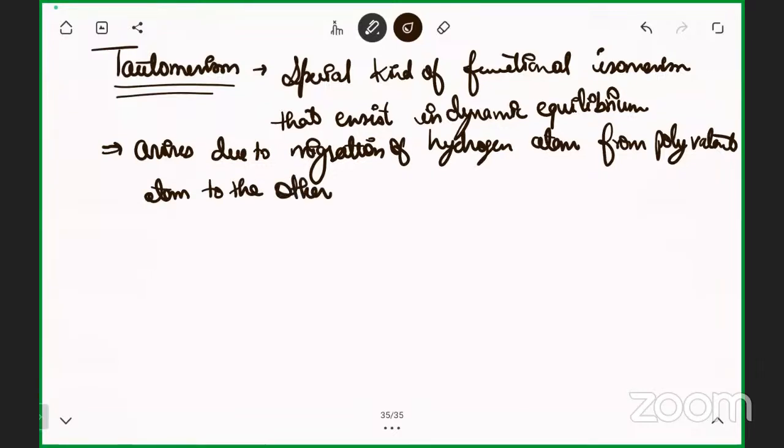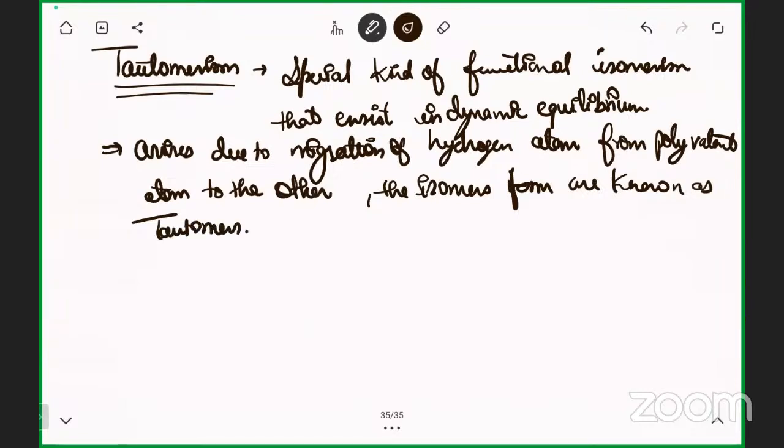In that way, the isomers form. The isomers formed are known as tautomers, and the phenomenon is called tautomerism.